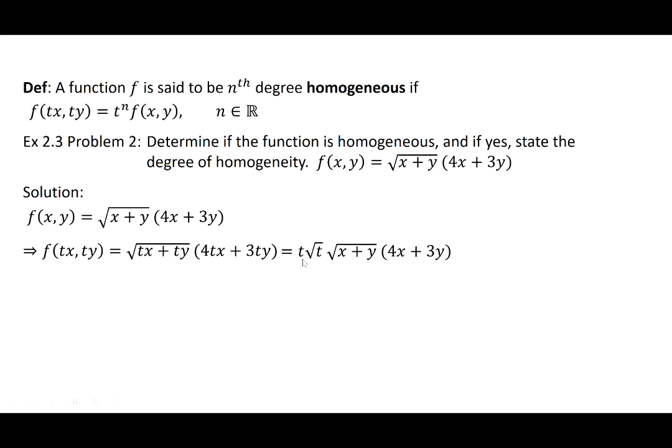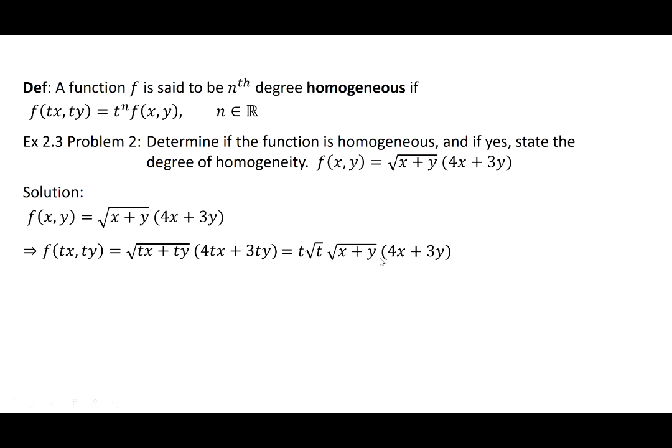Now, t square root of t. Can we write that in a slightly different way? t to the n? Yeah, that's the same thing as t times t to the 1/2, so t to the 1 plus 1/2, or t to the 3/2. So that t square root of t can be written as t to the 3/2. Okay, what about the rest?